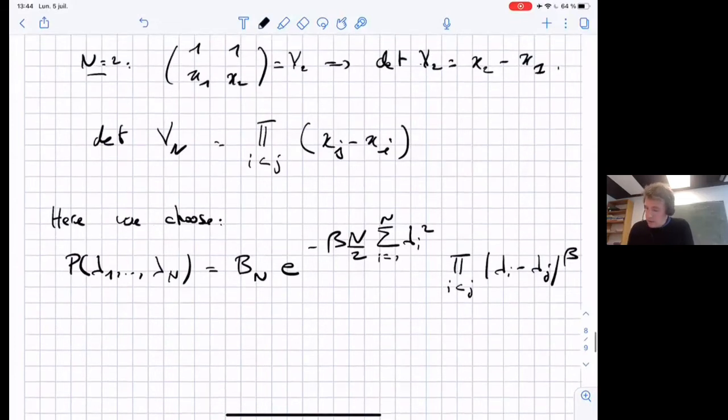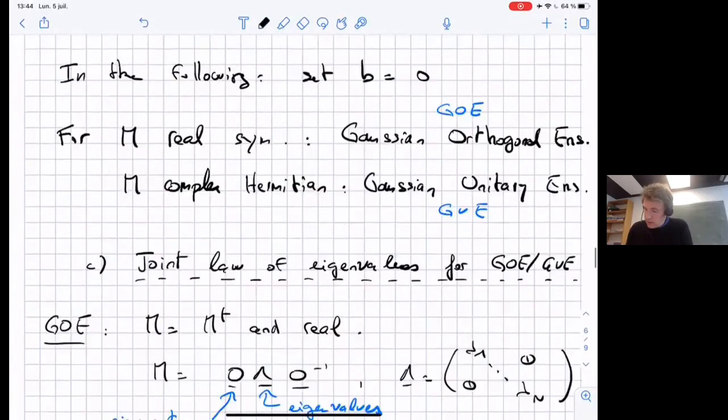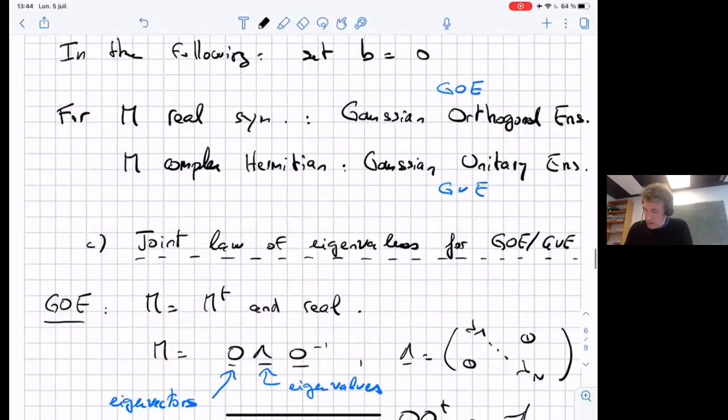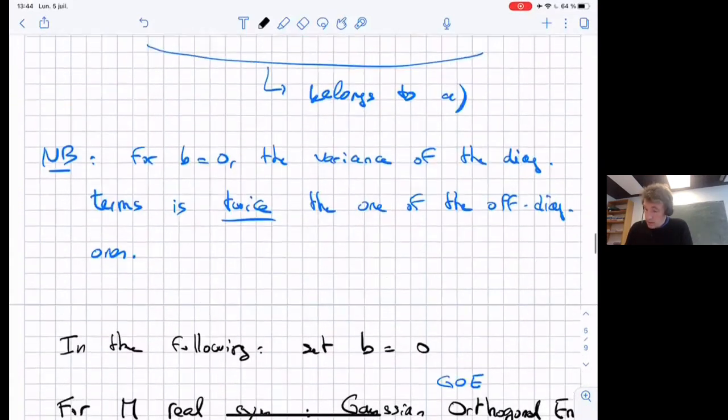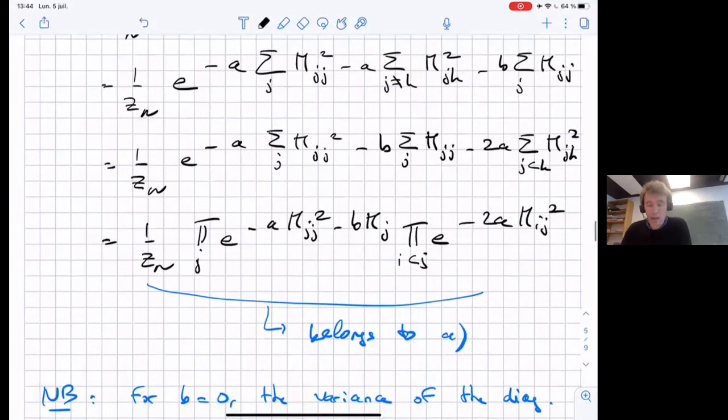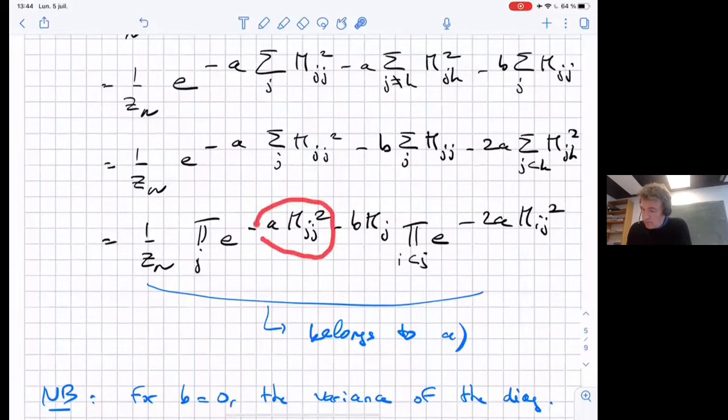So that means that, if I go back to this, if I want to write this distribution in this way, coming back to the matrix elements, the variance of the diagonal terms is of order 1 over n.